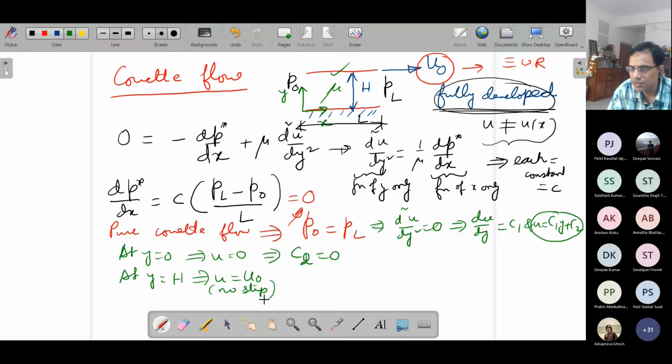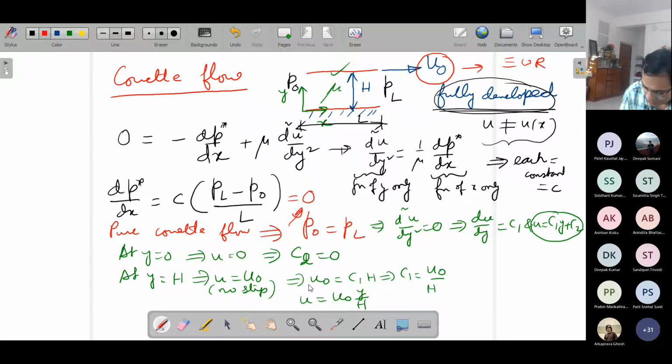So here u will be equal to u0. So you have u0 equal to c1h, that means c1 equal to u0 by h. What you get out of this is u equal to u0 into y by h. This is the velocity profile.